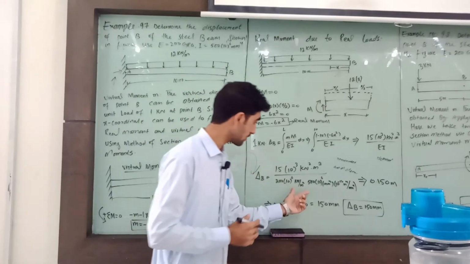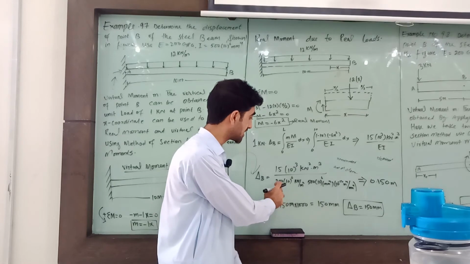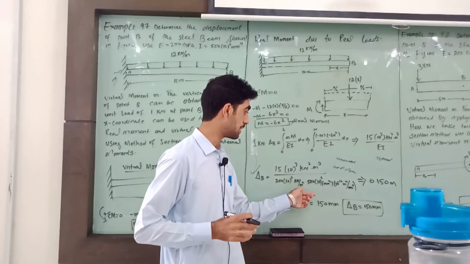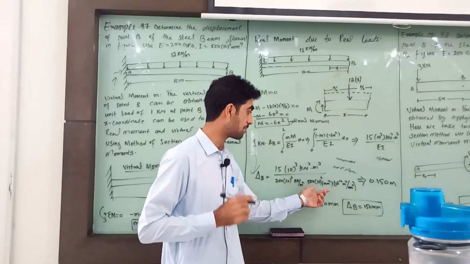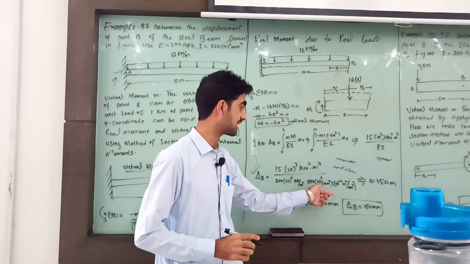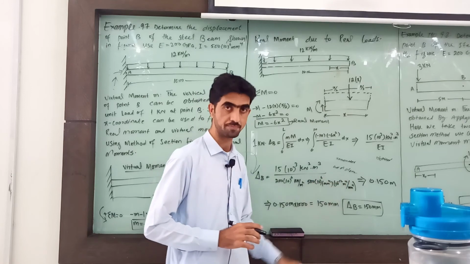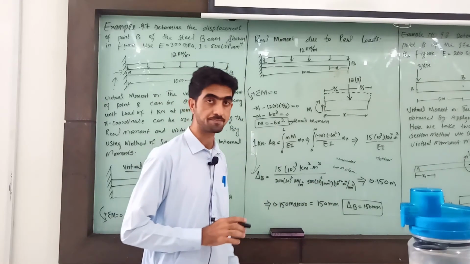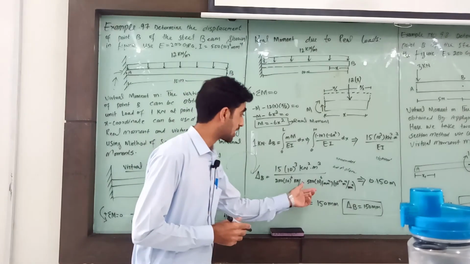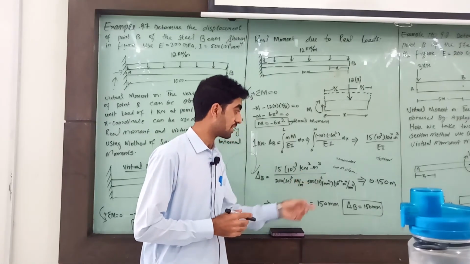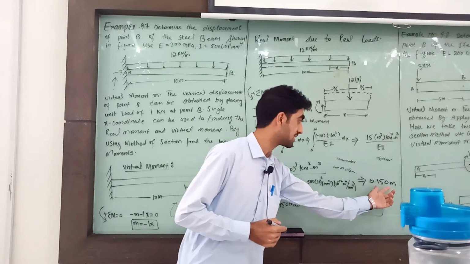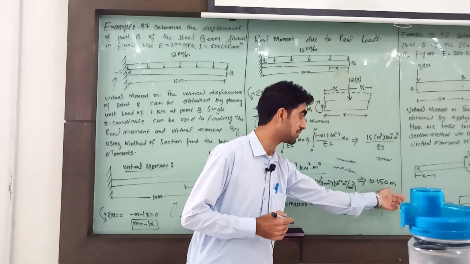Okay, so modulus of elasticity is 210 × 10⁶ kilonewton per meter², and moment of inertia is 510 × 10⁶ millimeter⁴, which is given in the question. So we put this in the equation and compute with a scientific calculator. So we obtain 0.150 meter.